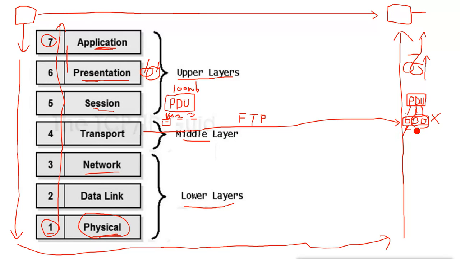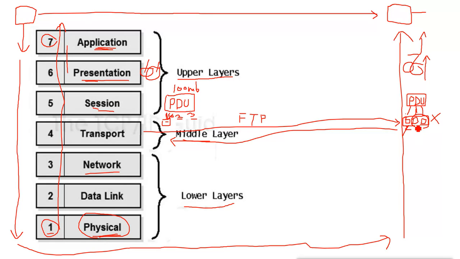If they don't get one or two or three packets, then the destination machine will send a reply saying I am not getting these two packets. Then this transport layer will send those two packets again, and ask, did you get it? If it says yes, I got it, fine.